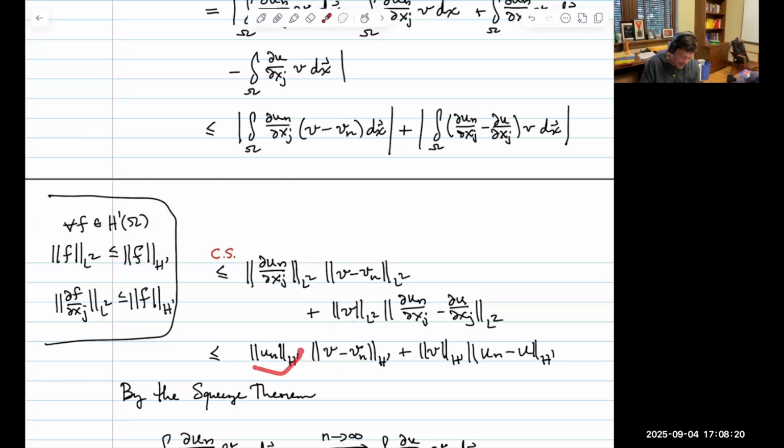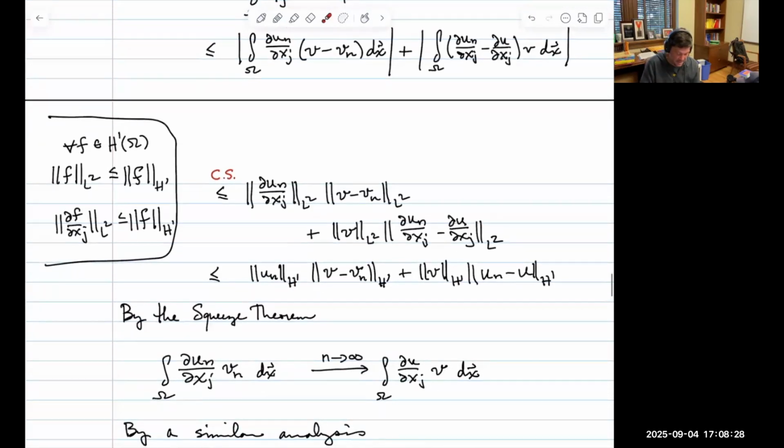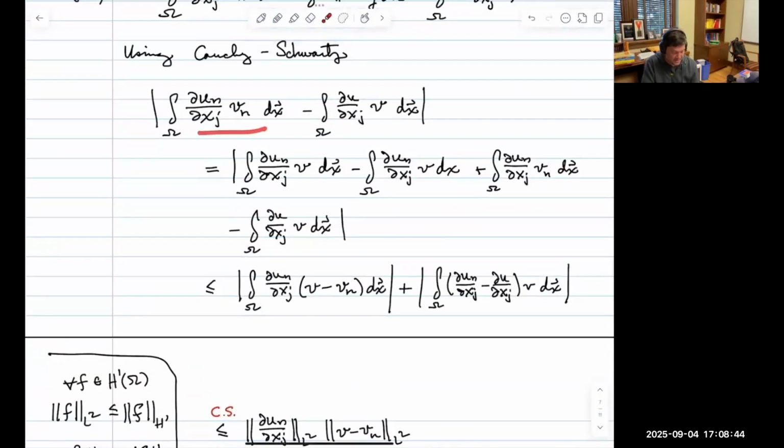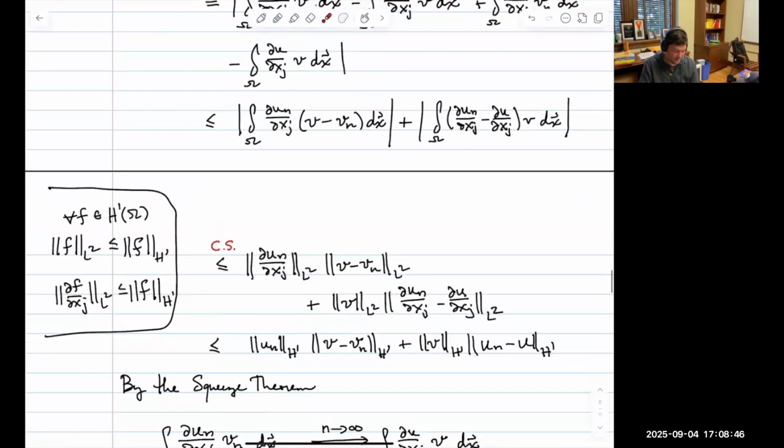Now at that point, I can use the fact that I know that this is a bounded sequence. This is a fixed number. So these guys go to 0, right? Because I know that v_n converges to v and u_n converges to u. That's all I need to know. So that term goes to 0. So by the squeeze theorem, these two numbers converge to each other.